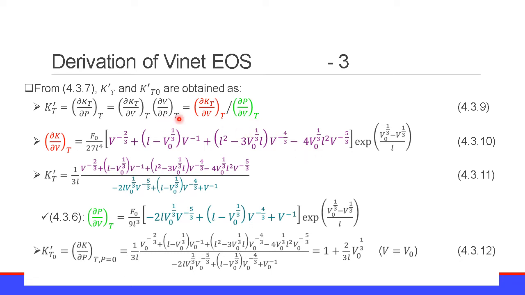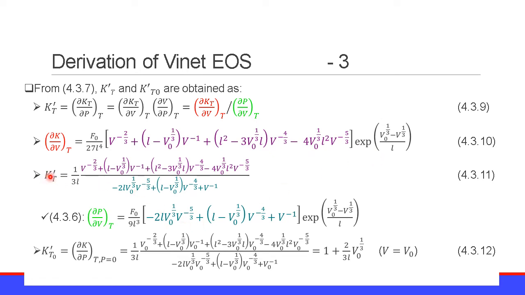We first obtain this red part: we differentiate the isothermal bulk modulus with respect to volume V, and we have this formula.